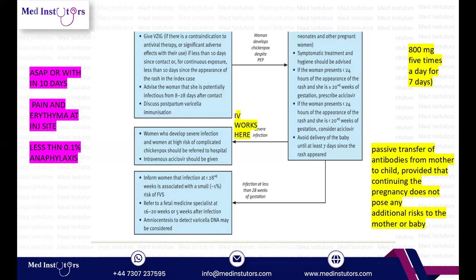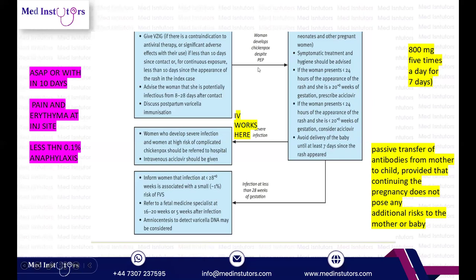Unless it poses any additional risk to mother and baby, continue the pregnancy for at least 7 days. Am I clear so far? Any questions till now? So this was post-exposure prophylaxis, and this is once she has got clinical manifestations of chickenpox.